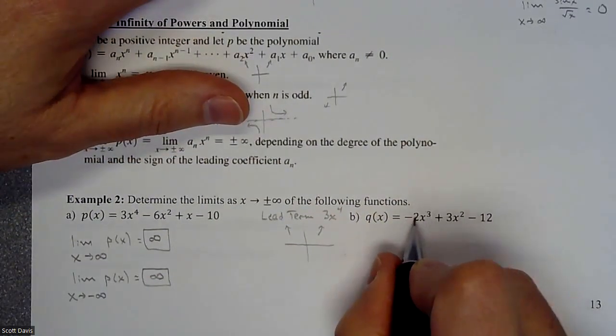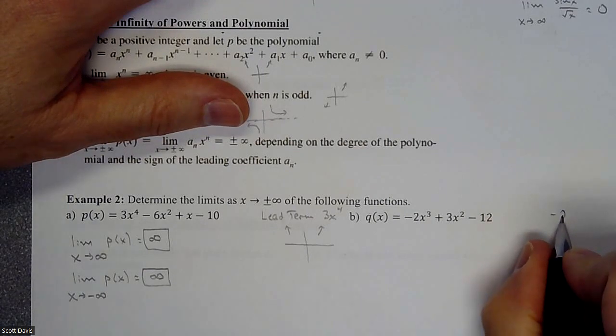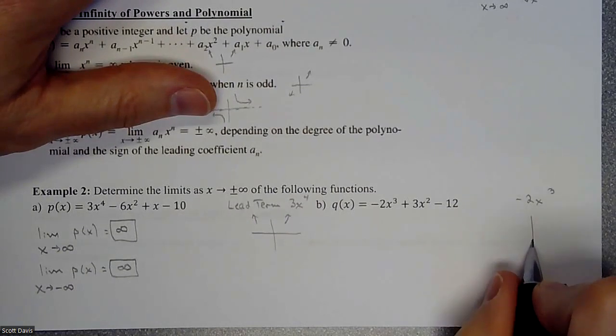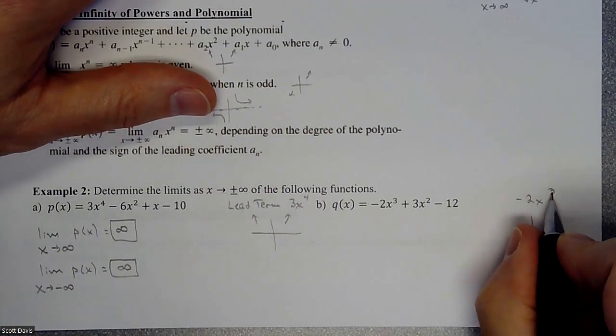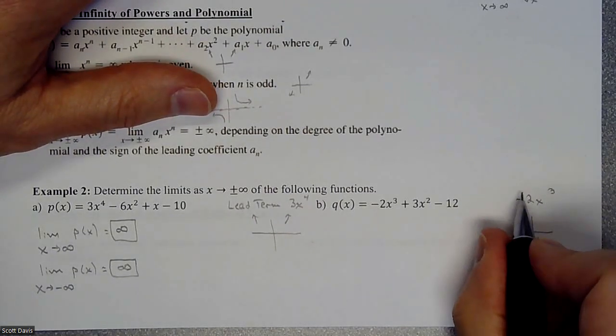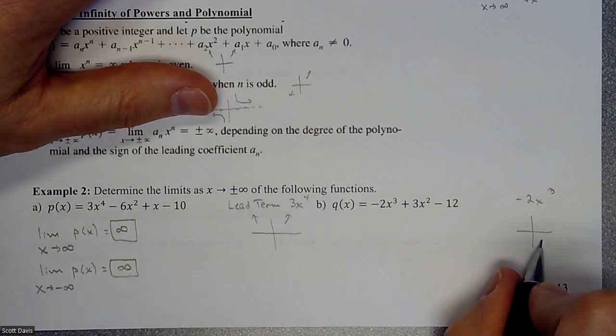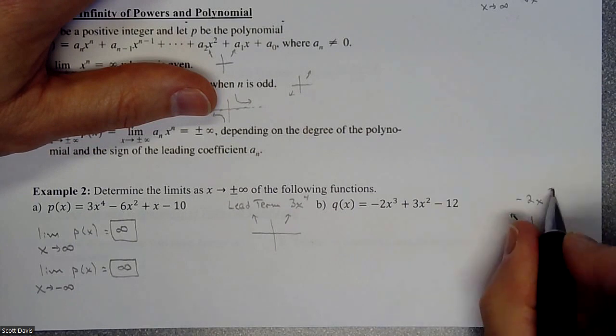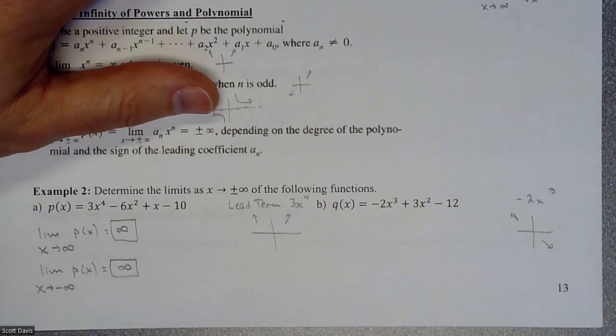We've got an x to the third with a negative in the front, right? So 2x to the third is kind of our key. Visually, we have an odd power, which is kind of like a linear with a negative, so I treat it like a negative slope. It'd be going in that direction to the right and that direction to the left. All odds I treat like a positive or negative slope.